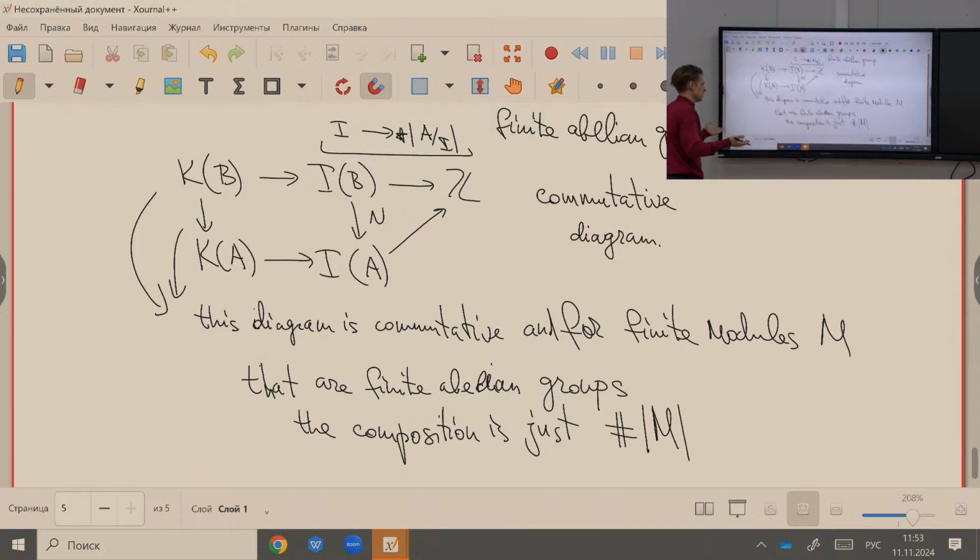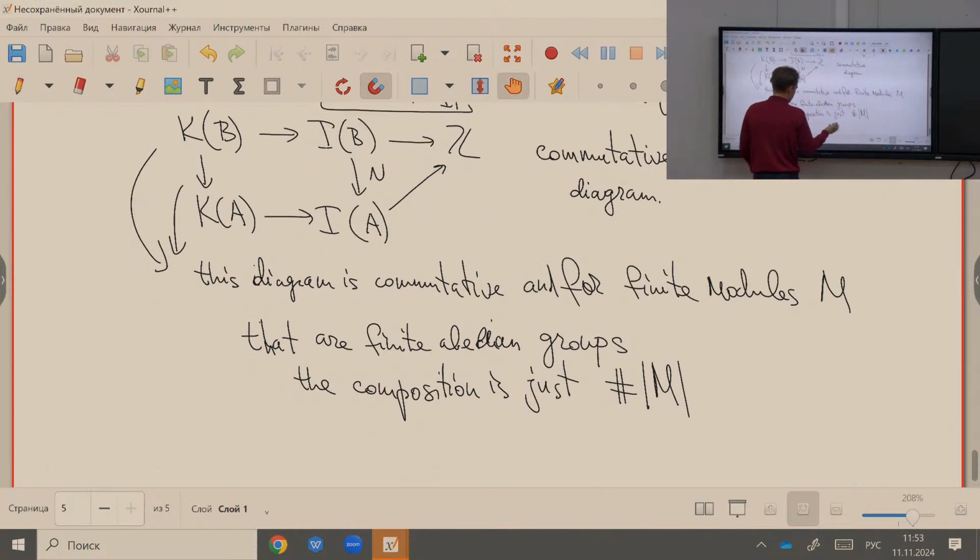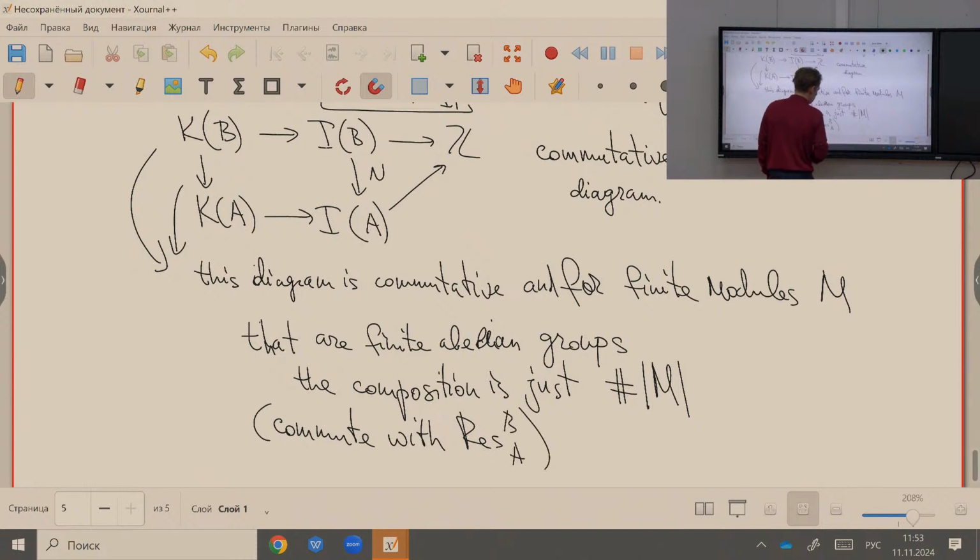So this diagram doesn't depend on, so this computes with restriction. With restriction. So this shows that, at least from my point of view, this is the most conceptual way to understand this. Yes, so you have some kind of calculation.